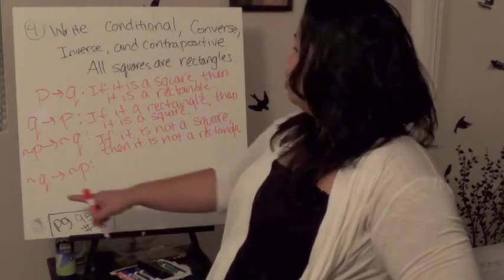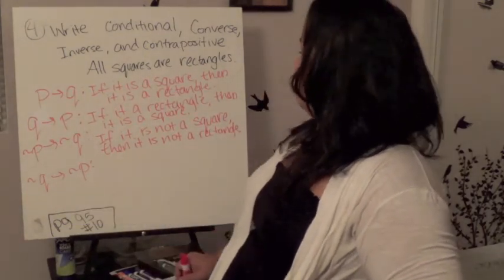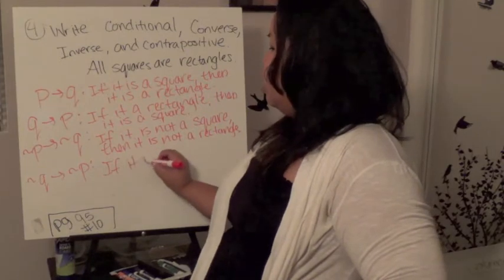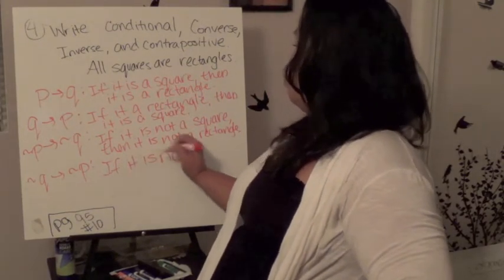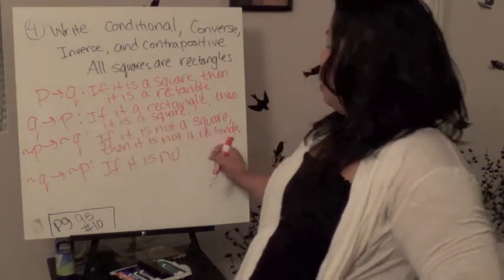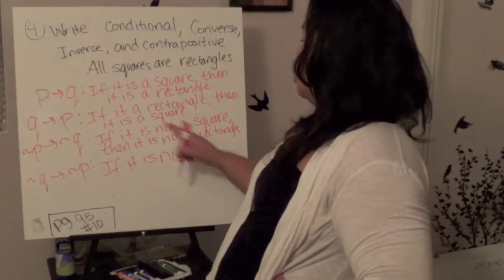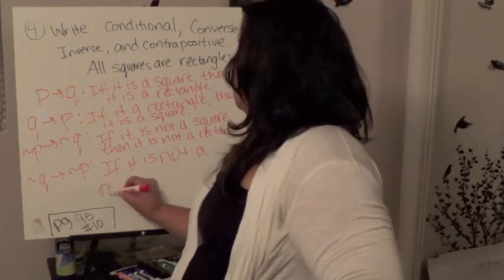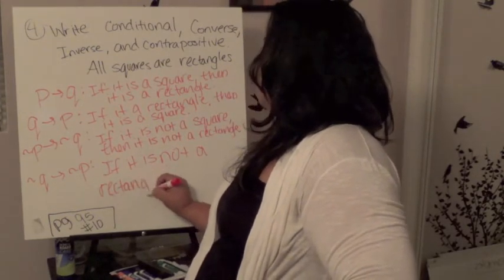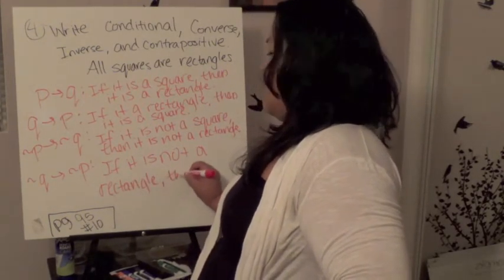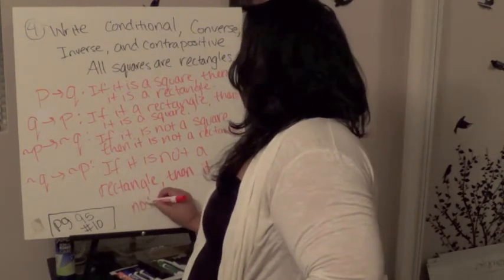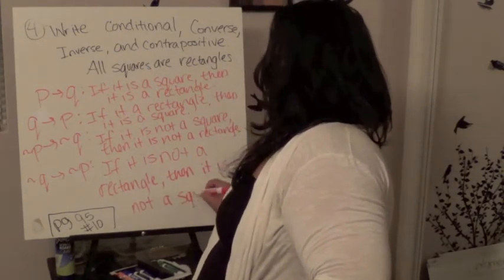The last one is not Q, then not P. So if it is not, we're going to do this same one, except we're going to put not in this one. If it is not a rectangle, then it is not a square.